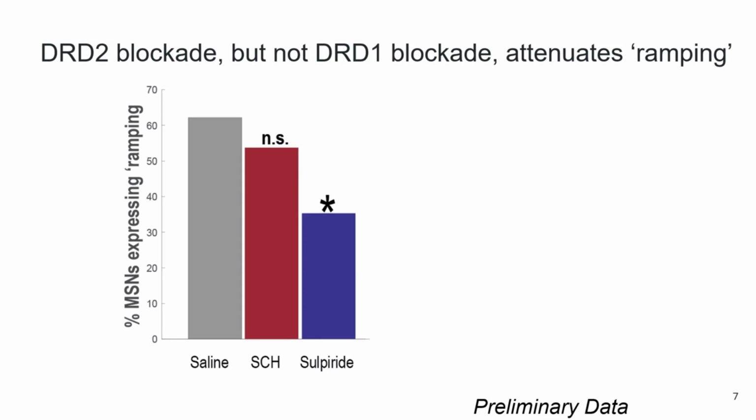And so our first experiment to answer that question was to either systemically blockade the D2 dopamine receptor using the D2 antagonist sulpiride or the D1 dopamine receptor utilizing the antagonist SCH23390. And we found that DRD2 blockade, but not DRD1 blockade, was sufficient to attenuate this ramping process in striatal ensembles.